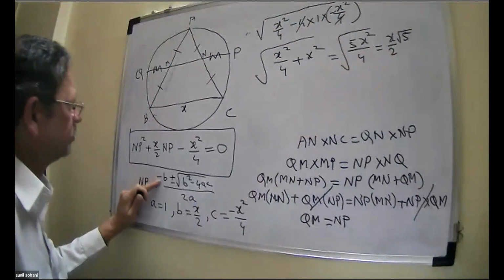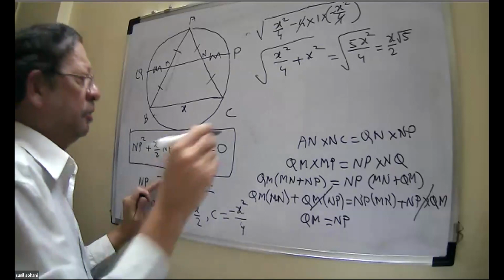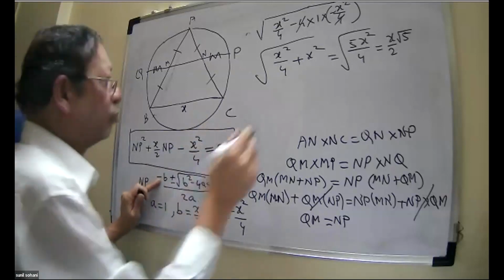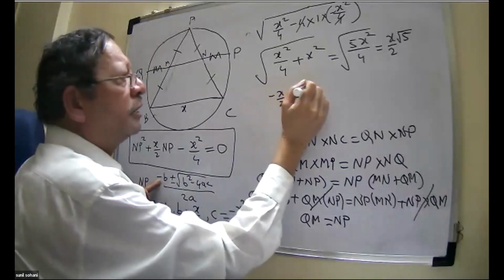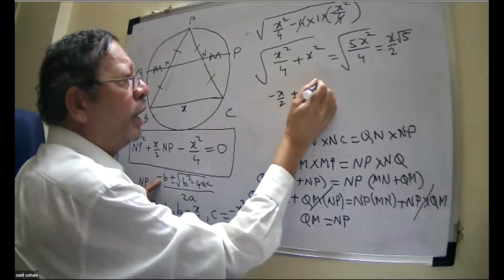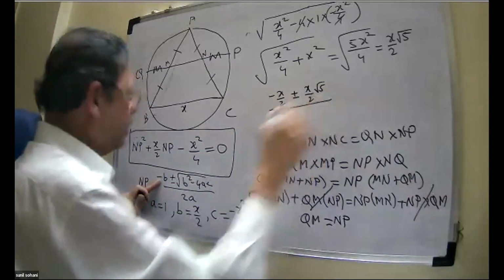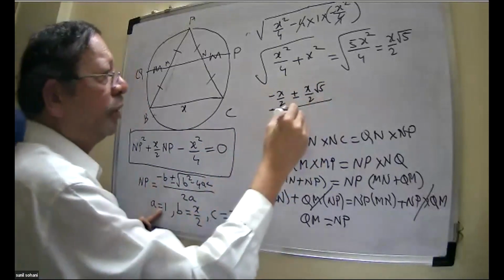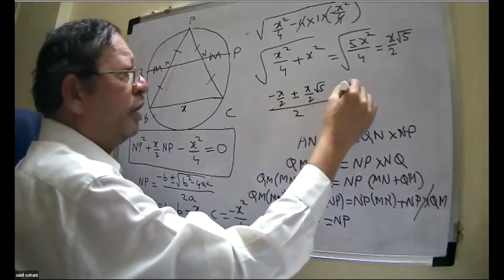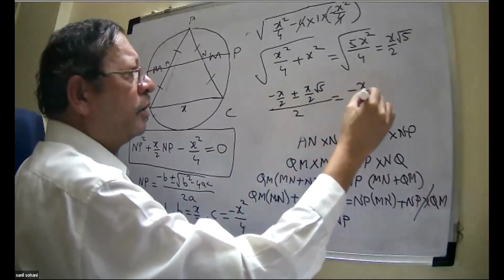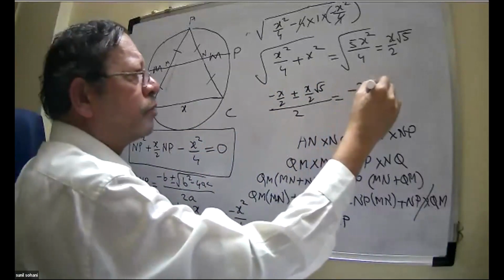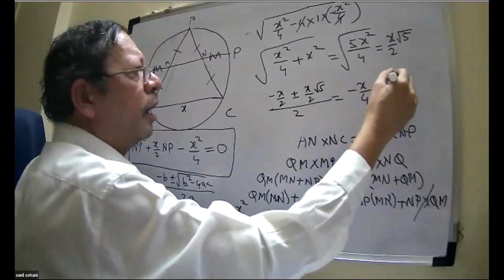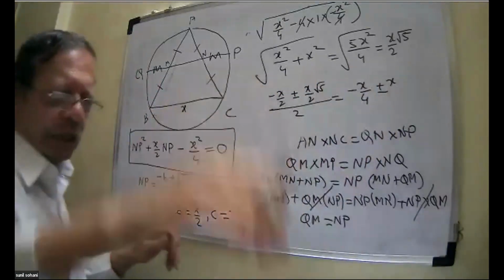Now I am completing this formula. Minus b. b is x upon 2. So minus x upon 2 plus minus x upon 2 root 5, everything divided by 2a, and a is 1, so divided by 2. So that will give me, let me rub it.